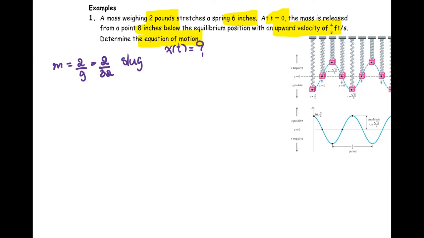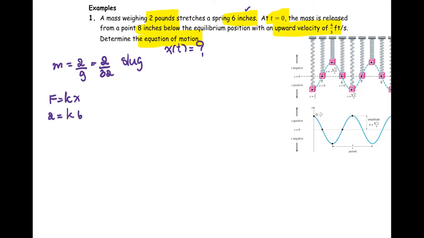And what else do we know? The mass of 2 pounds stretches a spring 6 inches. So the other part is from the spring. To find the spring constant from Hooke's law, F equals k times x, or times s. We can use either one at this point. So 2 pounds equals k times 6 inches.